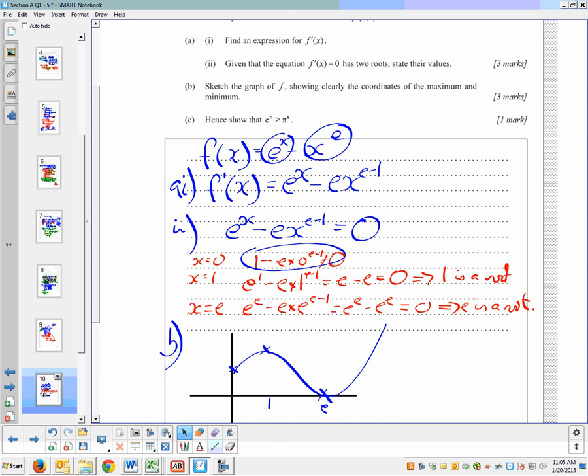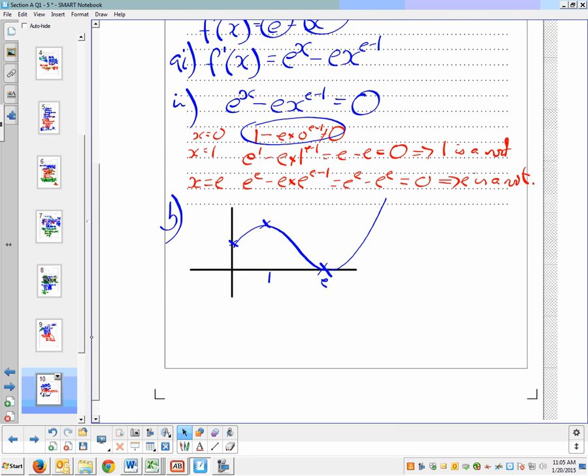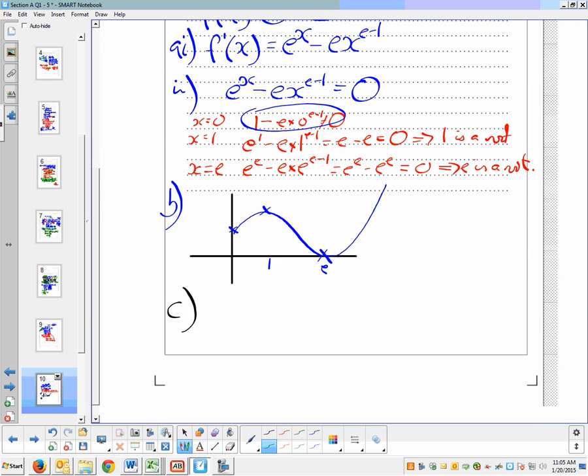That's done. Hence show that e to the pi is bigger than pi to the e. Well, since e to the x minus x to the e is bigger than 0 for all x bigger than 0, providing x is not equal to e.